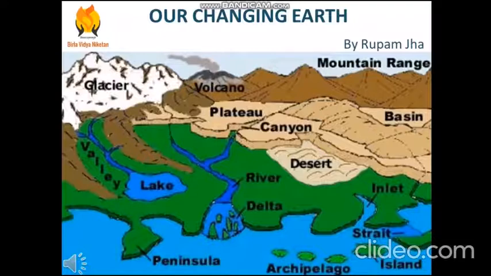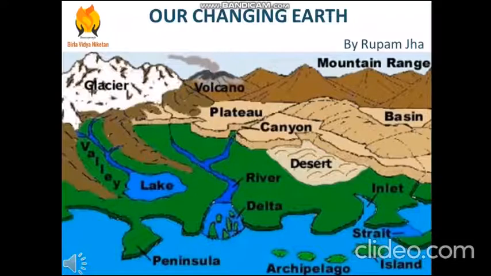When we speak of sudden movement, earthquake, volcano, and landslide can be the example. When we talk of slow movement, mountain building is the example. Sudden movements like earthquakes and volcanoes cause mass destruction over the surface of the earth.